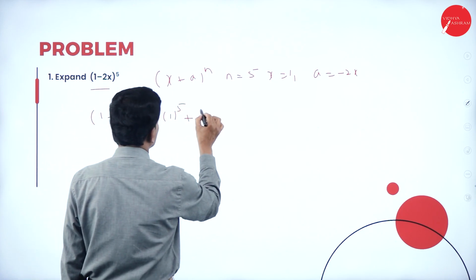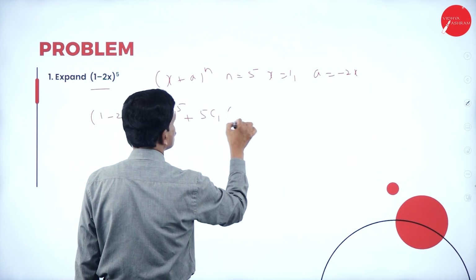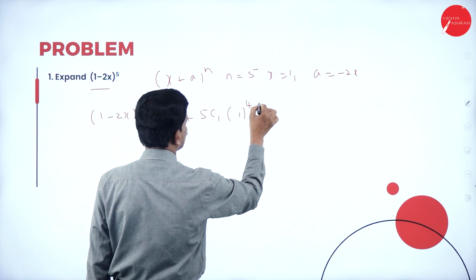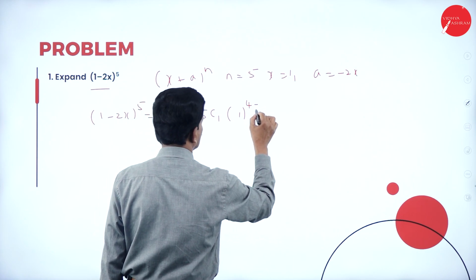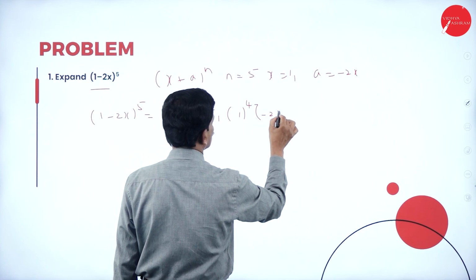x raised to n plus nc1 x to the power of n minus 1, that is 4, into a. What is a? Minus 2x.